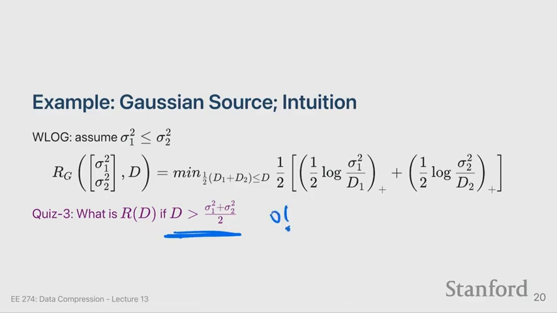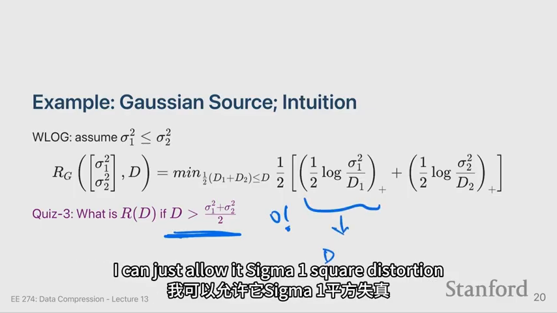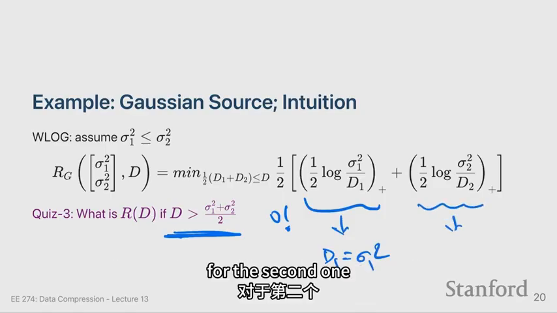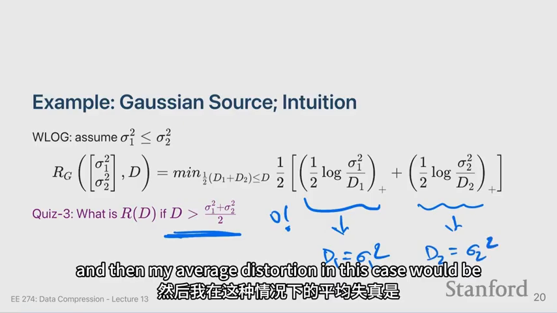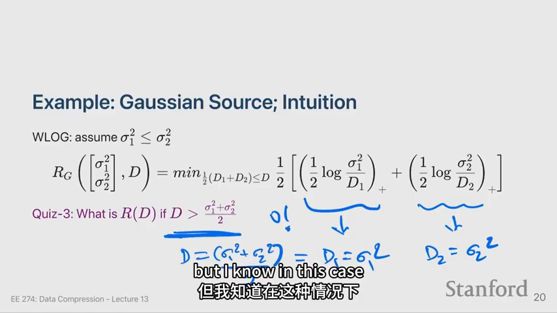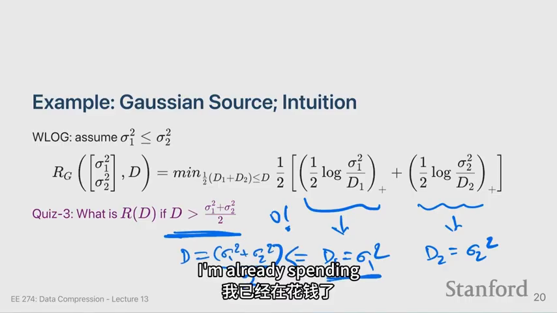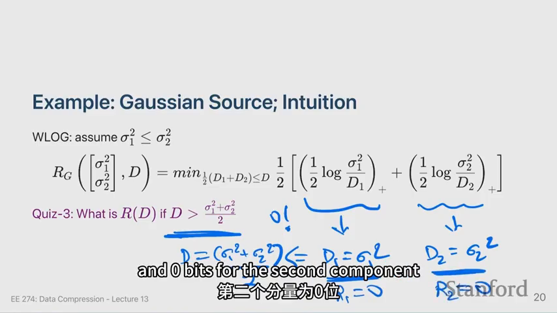It's 0. Because in that case, for the first component, I can just allow it sigma 1 square distortion. For the second one, I can allow it sigma 2 square distortion. And then my average distortion in this case would be sigma 1 square plus sigma 2 square by 2. But I'm already spending 0 bits for the first component and 0 bits for the second component.